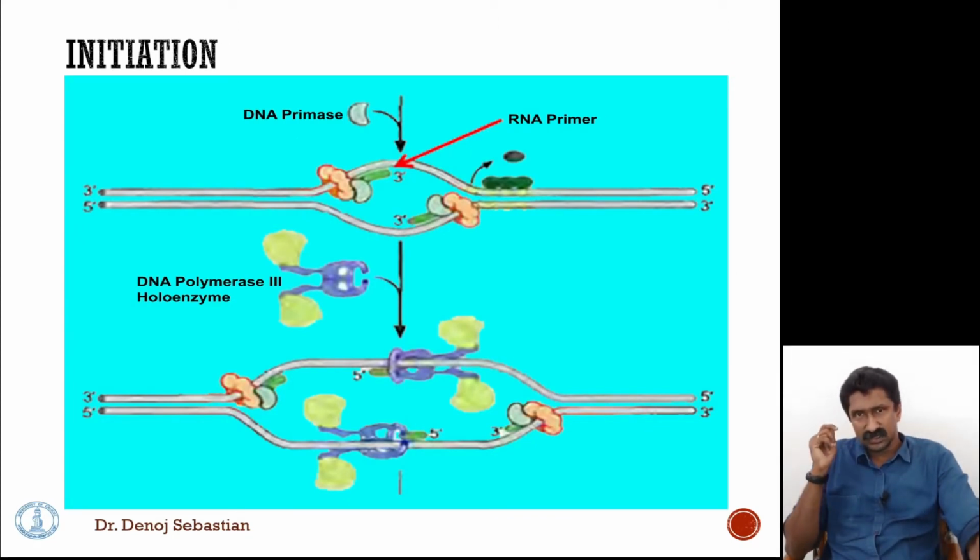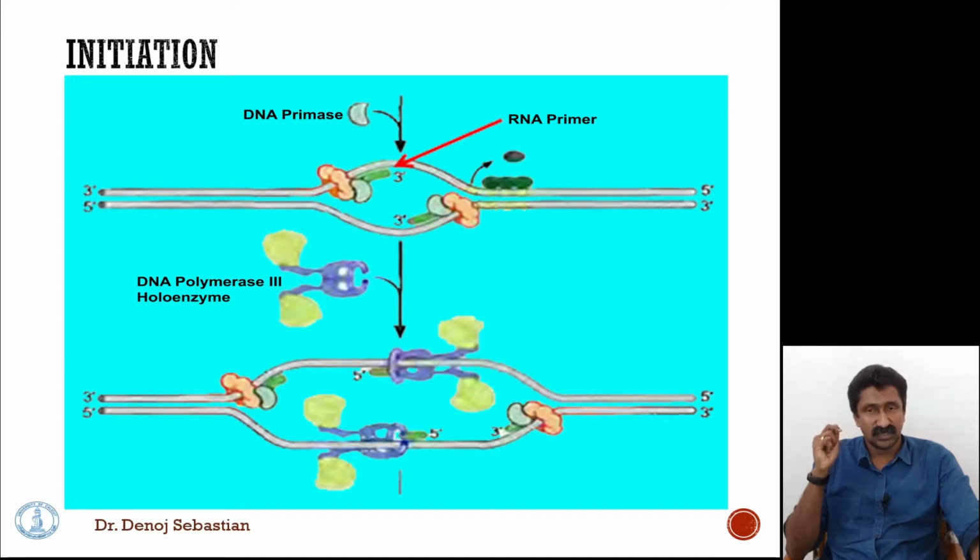So this is the previous presentation in which the RNA primer, which is created by the primase enzyme, will bind. So the helicase is bound, primase is bound, and this primase and helicase will produce the primosome, and the primosome creates an RNA primer. Then the DNA polymerase 3 is bound. Once the DNA polymerase 3 is bound, then the entire complex of the primosome and DNA polymerase 3 constitutes the replisome, which moves in one direction, and the other one will move in the other direction.